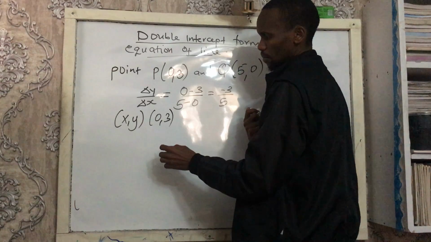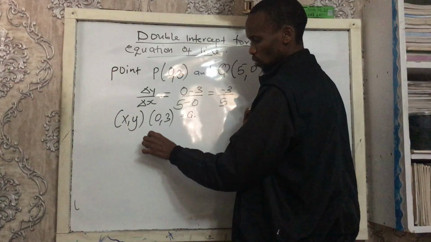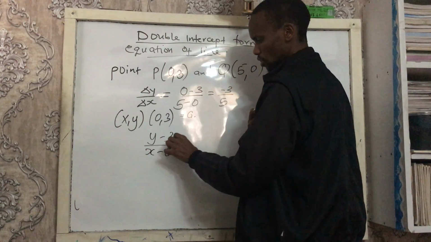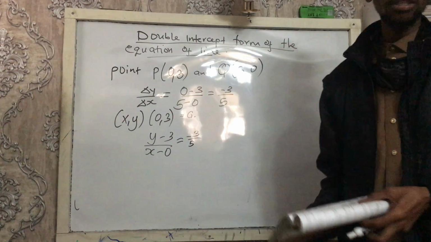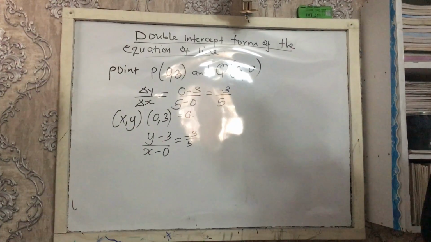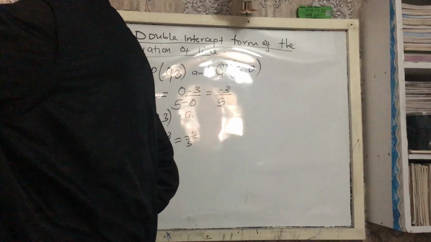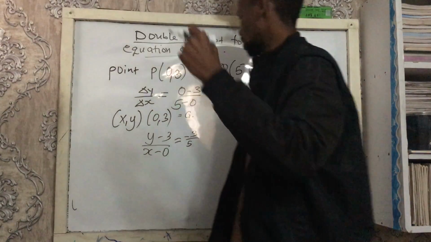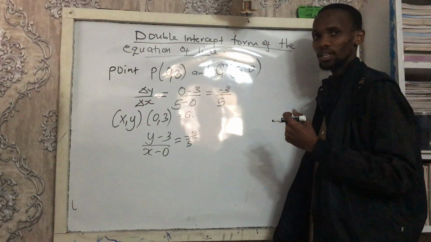So I'll say y minus 3 over x minus 0 is equal to minus 3 over 5. After that, we do the cross multiplication and open the bracket.